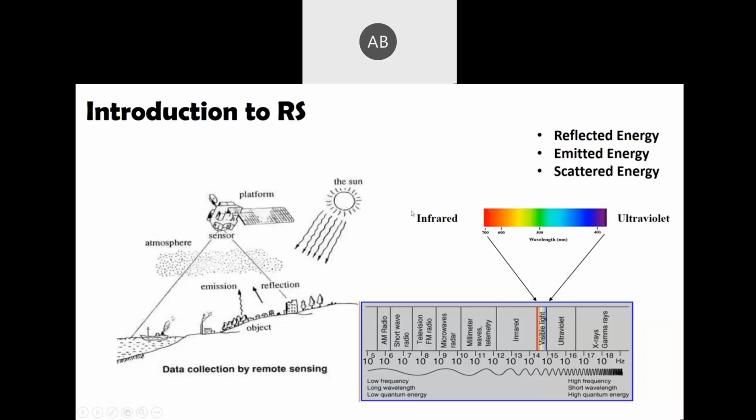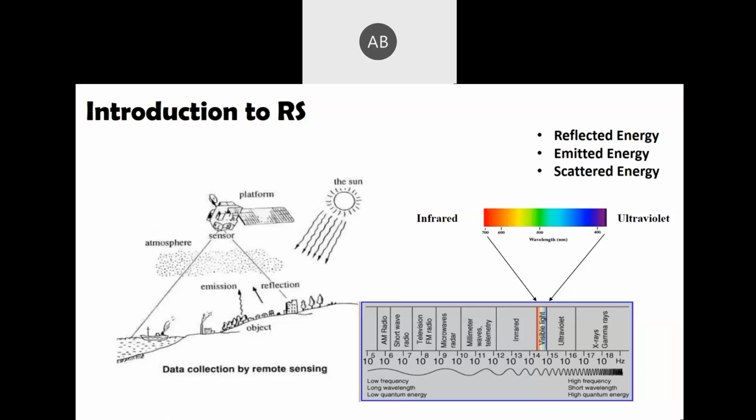Why is the sun there? Because the sun is the source of all kinds of energy that you can imagine for life to exist in the solar system or on the earth. It is continuously emitting this energy in the form of waves. This energy has a dual nature.